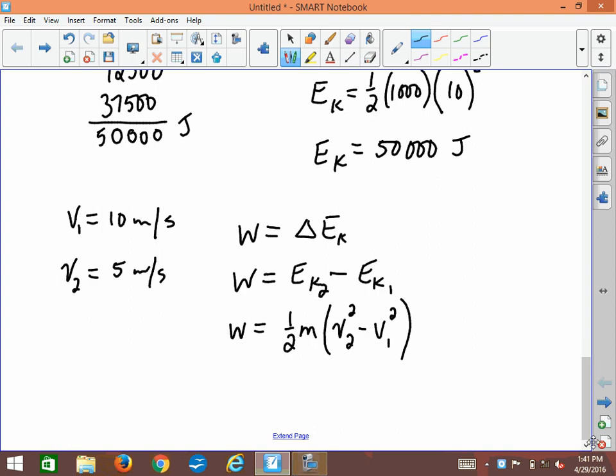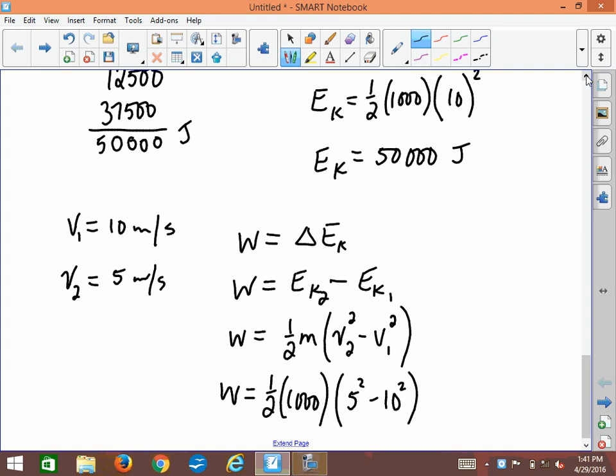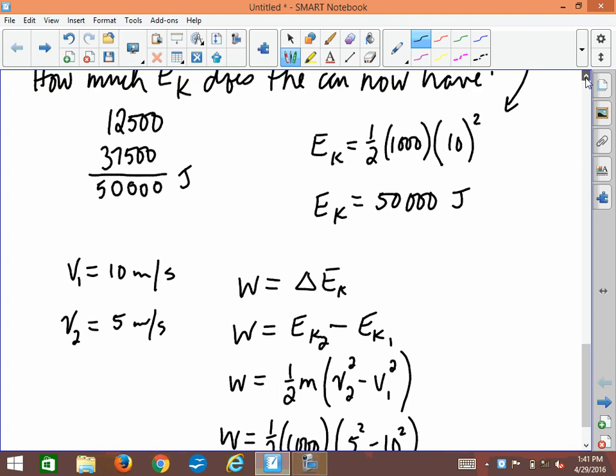I'll shortcut this here. You can check up above if you're not sure how I got this, but it's the same thing. And the only difference would be 1/2, 1,000, V2 would be 5 squared, and V1 would be 10 squared, which means this is going to work out to a negative number, right? And since it's all the same numbers, it's going to be negative 75 instead of positive 75.